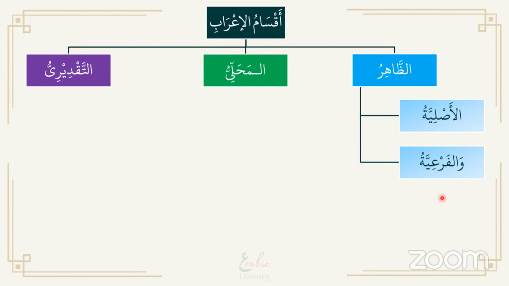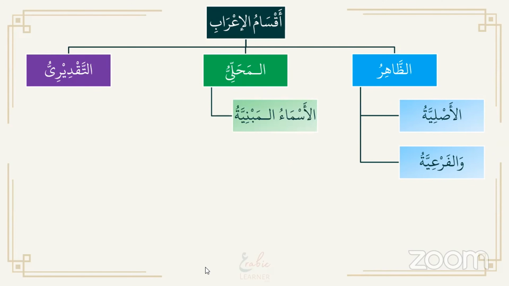Ending sounds, ending combinations, that's the rule you can follow in your mind. I have been talking about Ae'rab from the previous lessons, and I was always telling you that they have ending sounds and ending combinations. So Far'iyya is dealing with ending combinations.